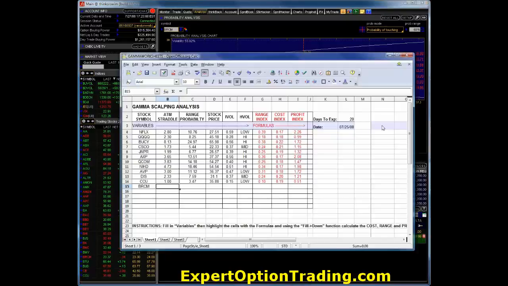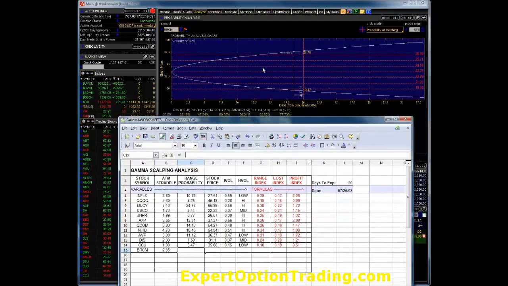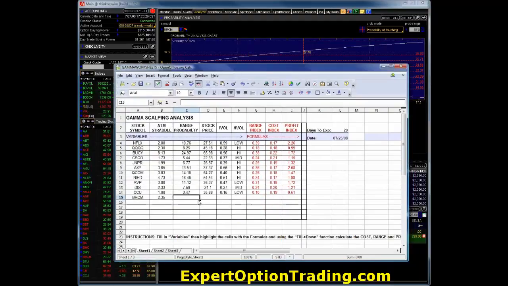Let's bring up our spreadsheet. Our at the money straddle is $2.35. That's the cheapest we can find. Our range of probability here is between 27.76 minus $19.47. That gives us a range of $8.29.